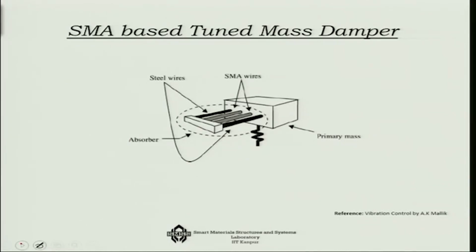You can also use these SMA wires for tuned mass dampers, where you have a primary mass, the SMA wires, and then the absorber. The advantage is that for any tuned mass damper we know that there is a spring and a mass attached to the system.